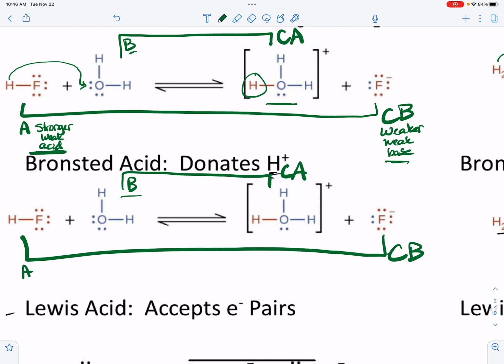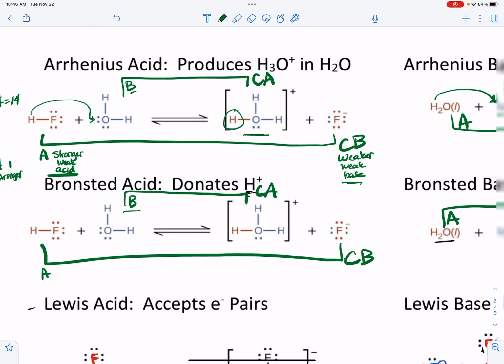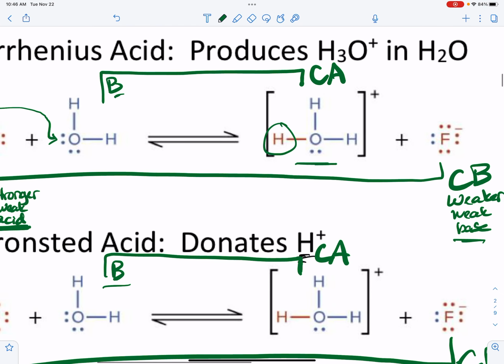That actually helps us later on predict some things about these reactions. So water is actually not a very strong base at all. Its pH is 7, so this is going to be a weaker base. And so that's going to imply that this is a stronger, but not strong, just stronger, weak acid.